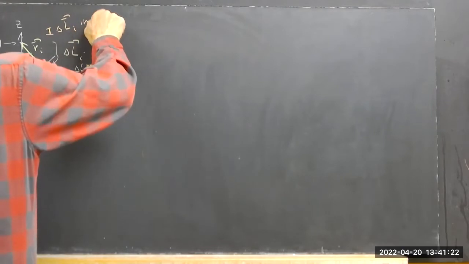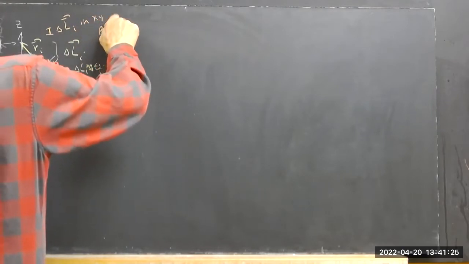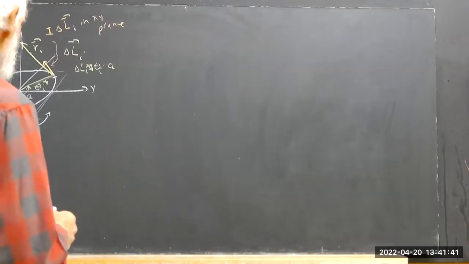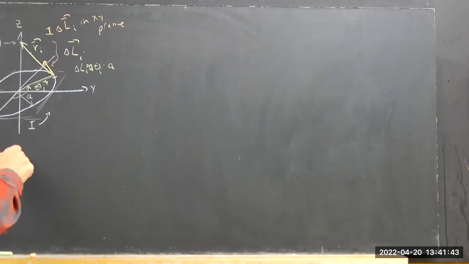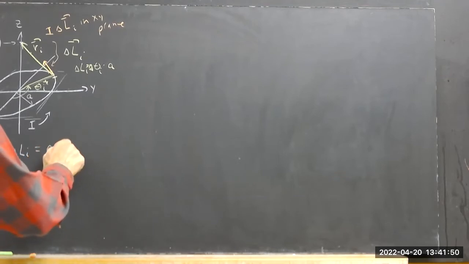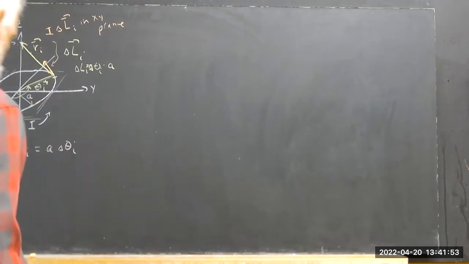It's not clear without some projection lines where this vector actually would be, but it's tangent to the circle and it's in the XY plane. Okay. So my question now, we know the magnitude of delta L sub I is of order A delta theta sub I.